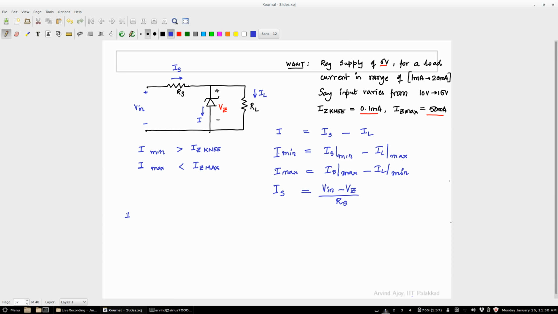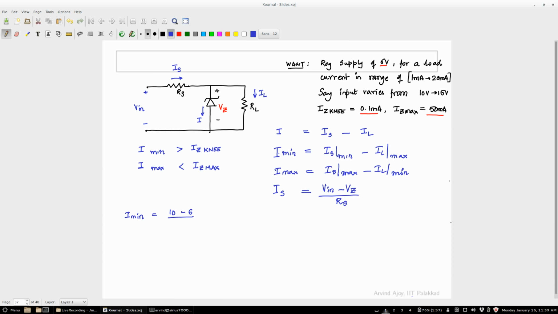So what is IS itself? It's Vin minus VZ divided by RS. Okay. So now we just have to put in the numbers, right? For I minimum, let's now just calculate values.